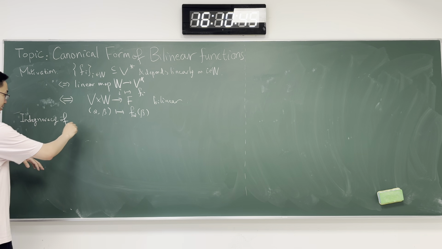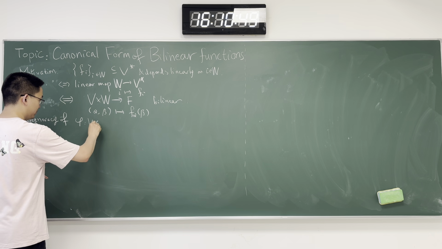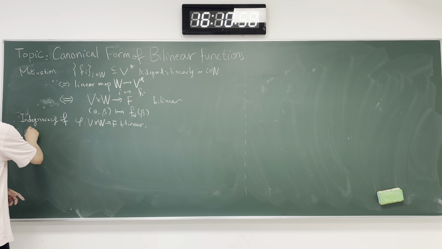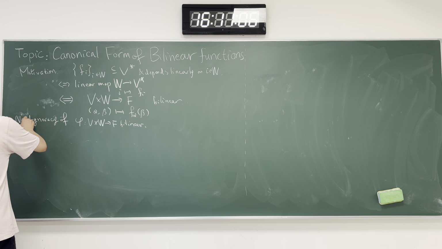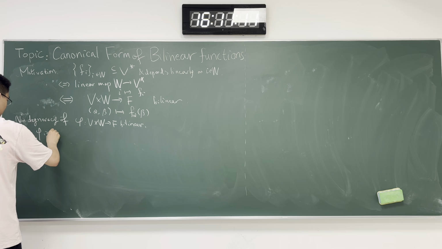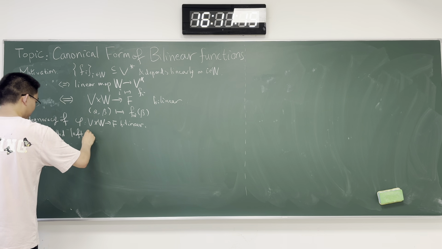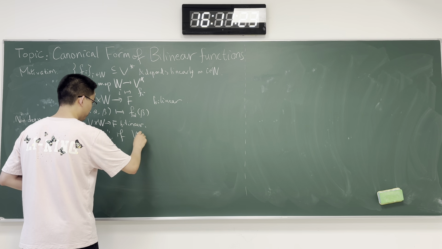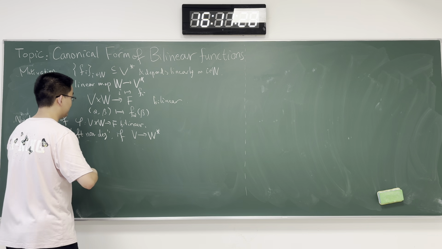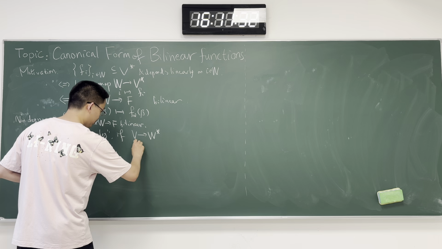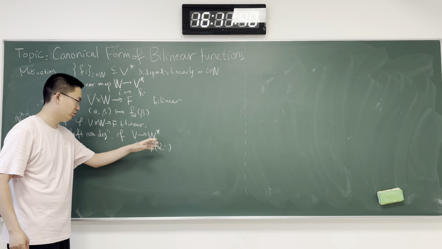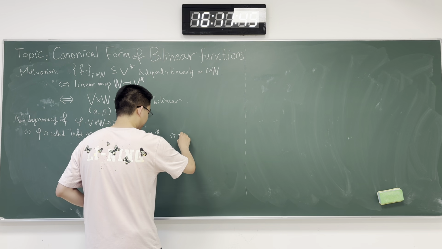I will always write a bilinear form as Phi, say on V times W. Phi is called left non-degenerate if the following map from V to W star, sending alpha to Phi alpha with respect to the second coordinate, which is a linear function on W, is an injective map.